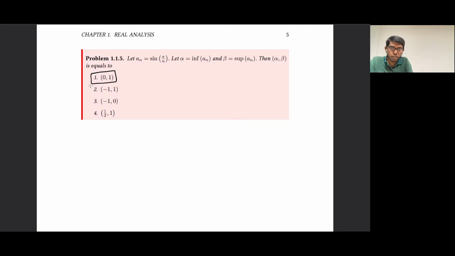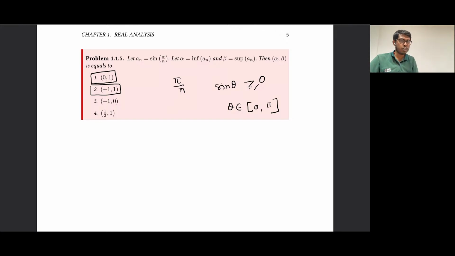Now think it through. You have pi/n, and sine theta is bigger than 0 if theta is in (0, pi). So if you are in (0, pi), then sine theta is always positive.